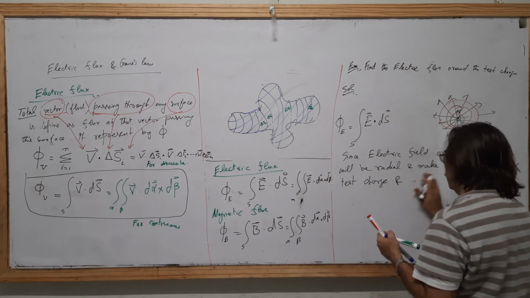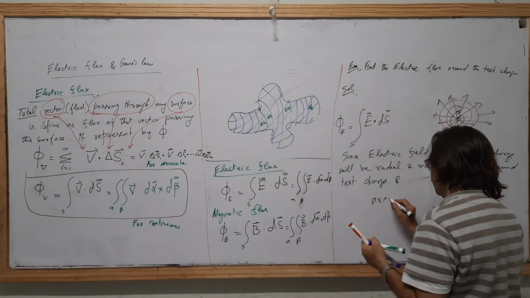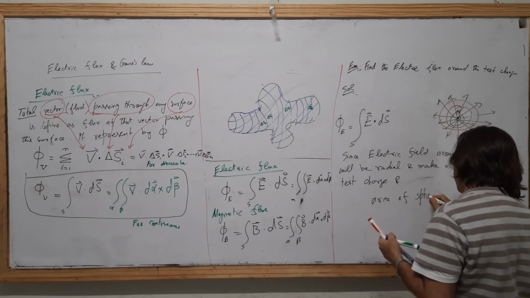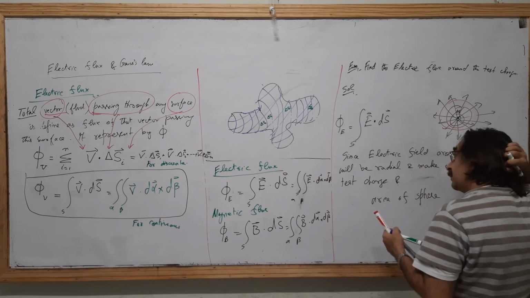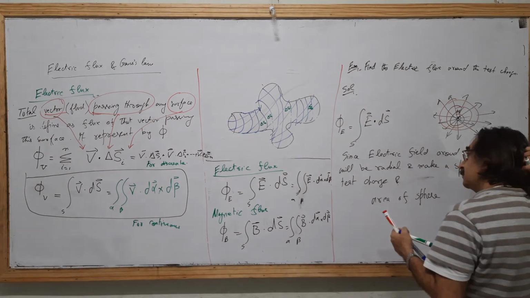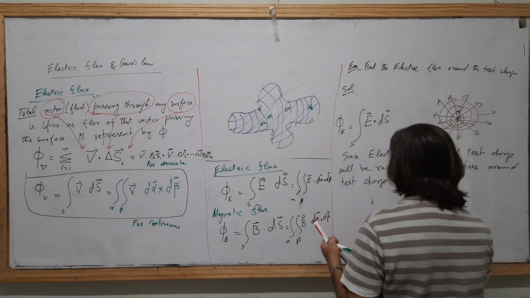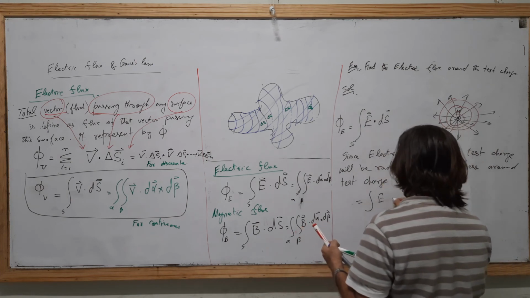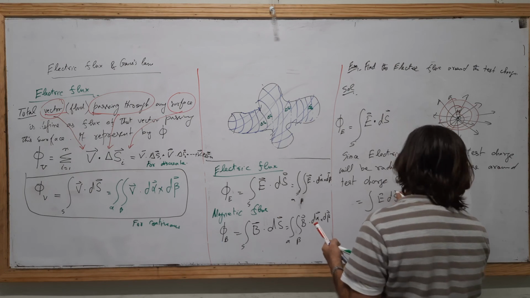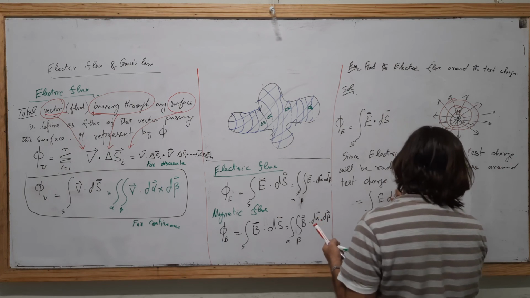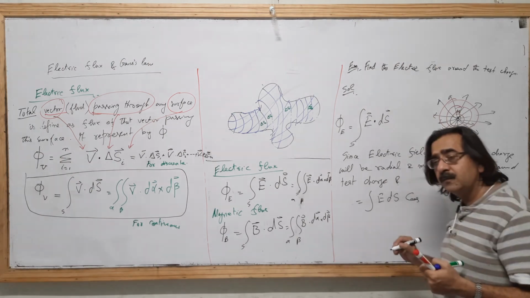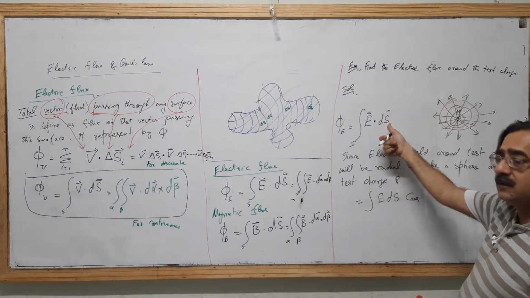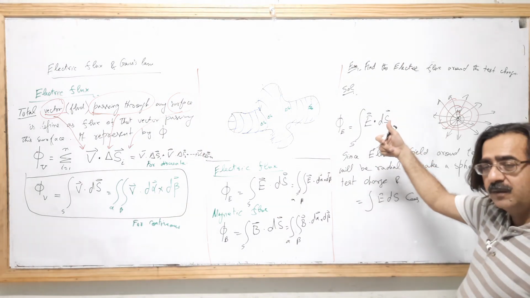So that will be radial. So E ds cos theta; E is radial, along R, and ds will be along R too.